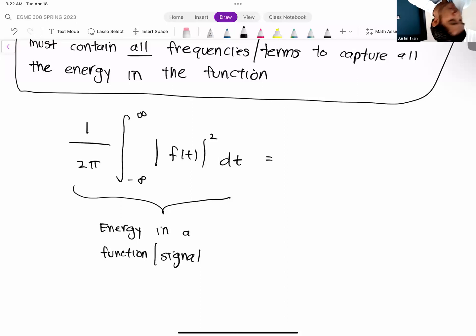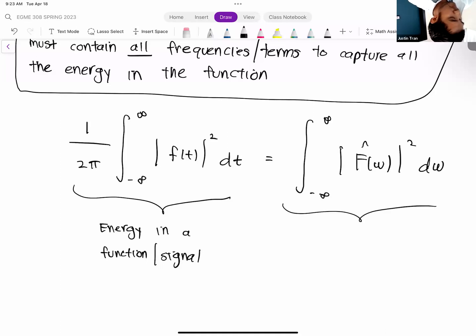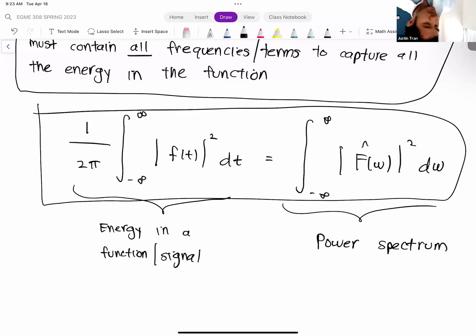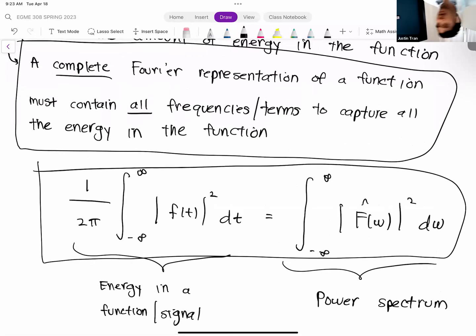According to Parseval's theorem, this is equal to the full Fourier transform expression squared: the integral from minus infinity to infinity of F(omega) squared. That's the mathematical form of Parseval's theorem.